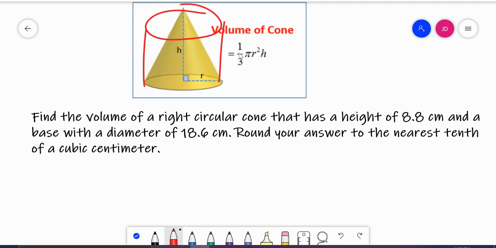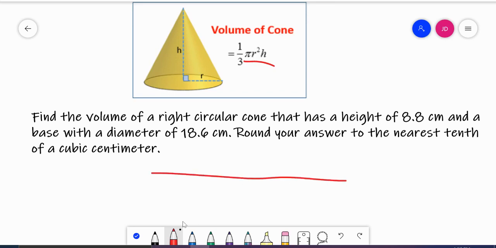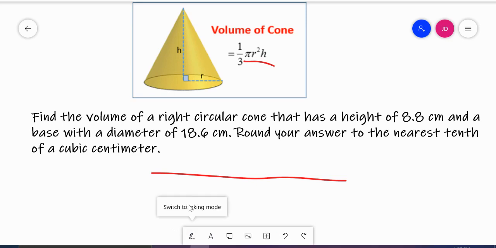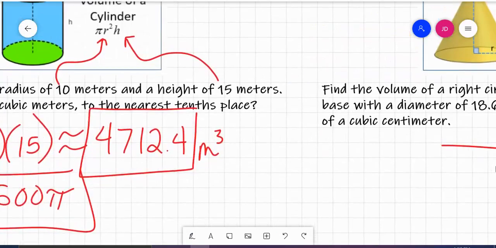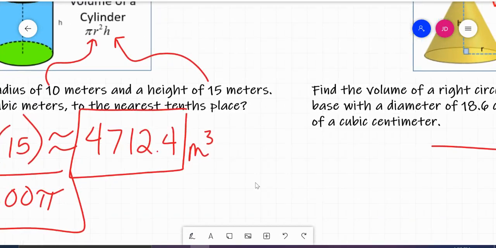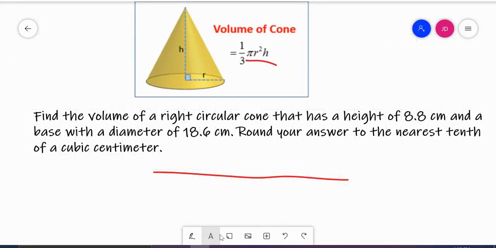That's why there's a 1/3 at the beginning, because you're pretty much cutting it into three parts. That's the visual representation of the volume of the cone. This part right here is the cylinder formula you just saw over here. It's the same exact thing, but you're just multiplying it by 1/3.